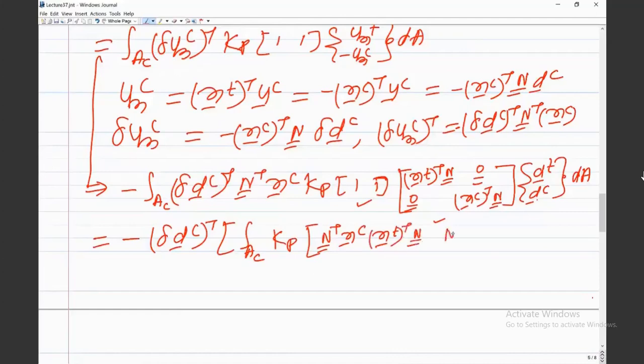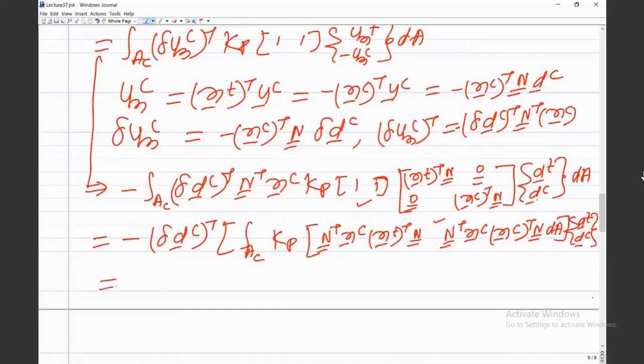The second one would be N transpose into NC, then NC transpose, and then N, and then dA, and then DT and DC.